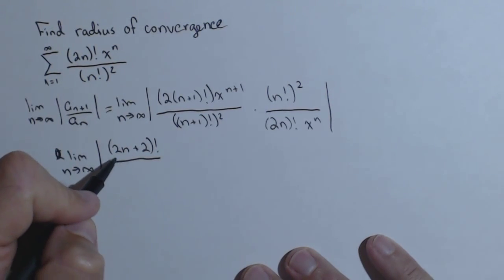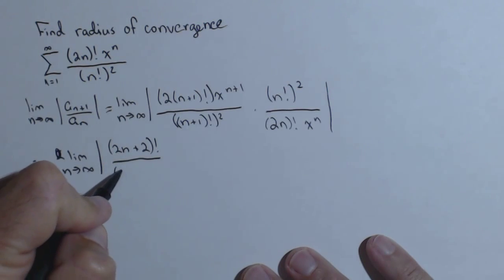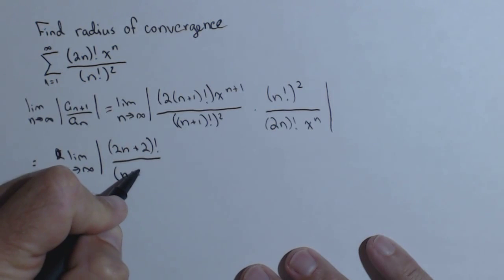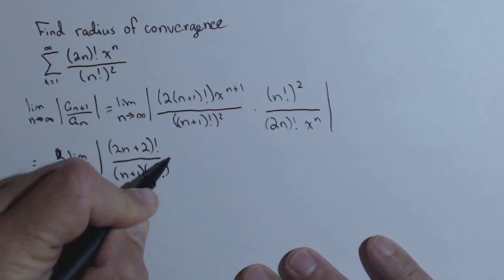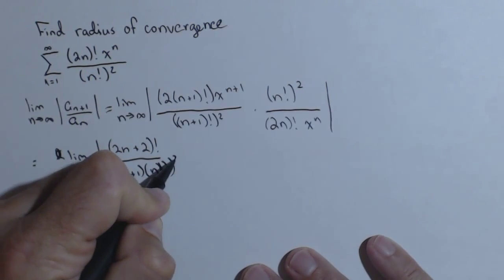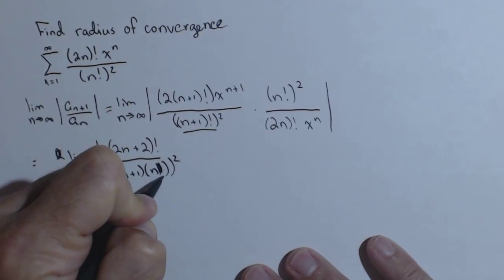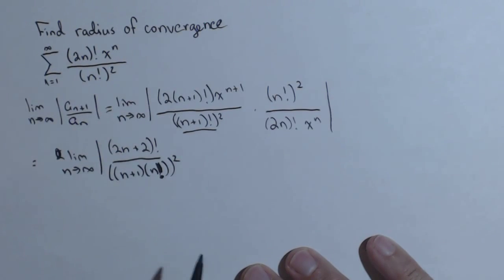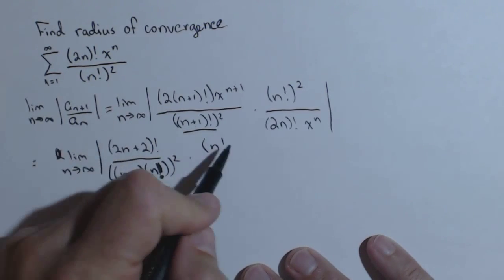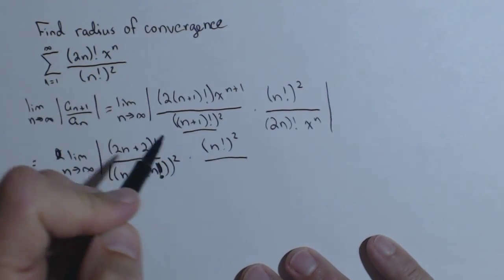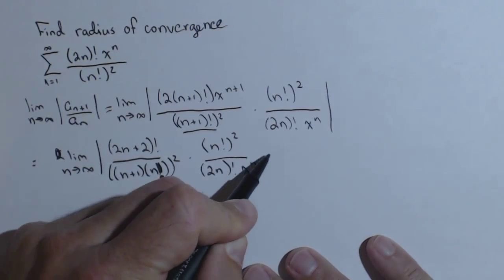This one I'm just going to write as n plus 1 factorial. We can rewrite as n plus 1 times n factorial squared. So I'm rewriting the n plus 1 factorial there. Maybe hard to read, that's a factorial symbol. And here we've got n factorial squared over 2n factorial x to the n.